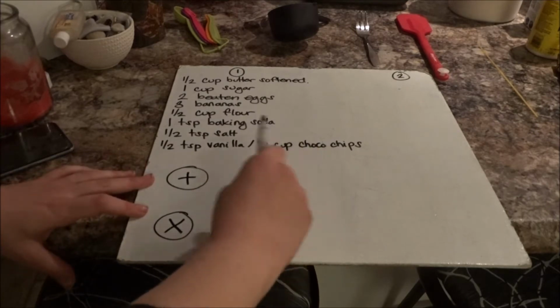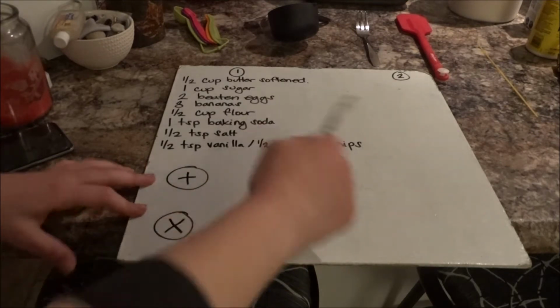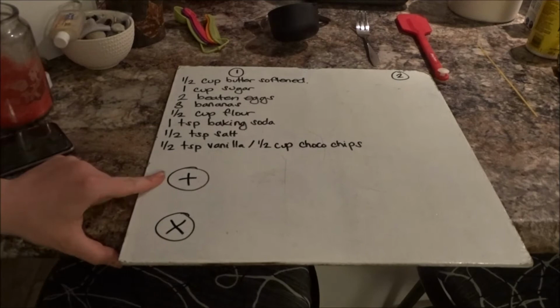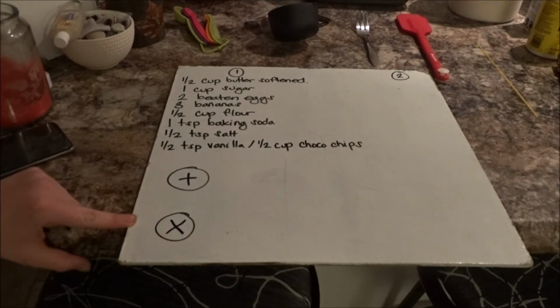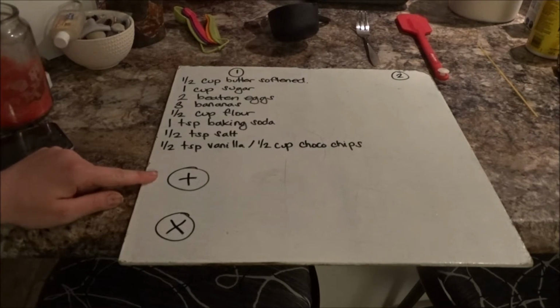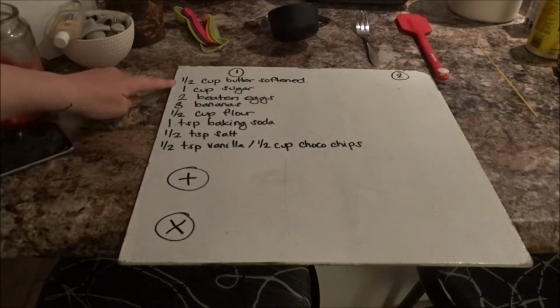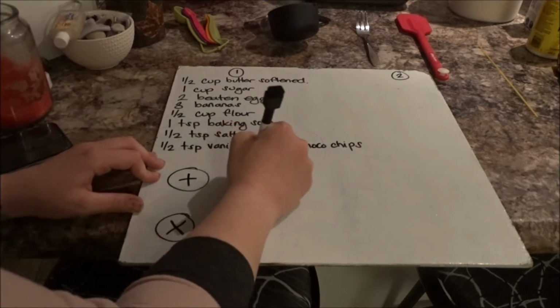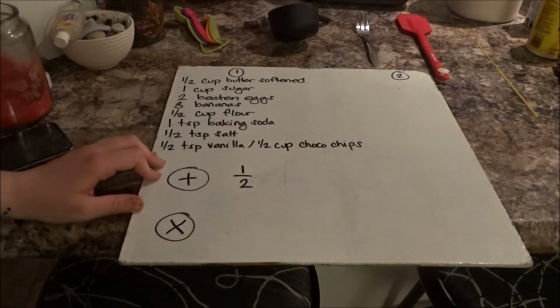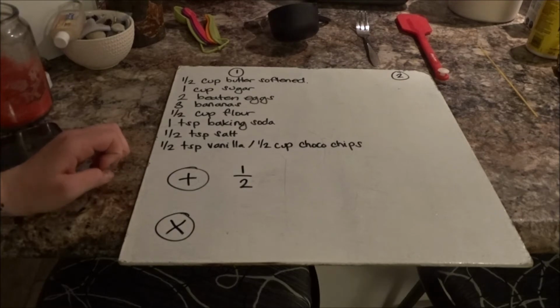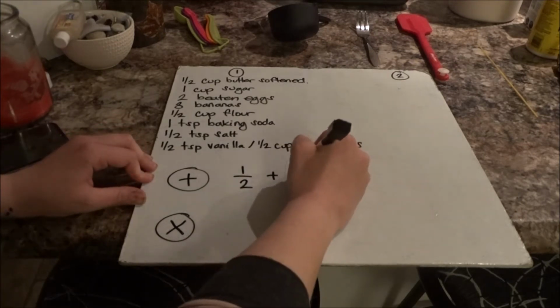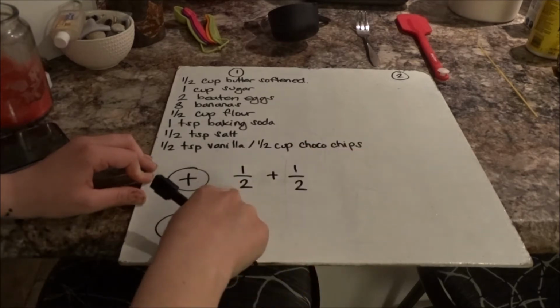Okay, so we know that we can add to get our number, or we can multiply. So first, let's do adding. So if we know that we need half a cup of butter, but we're going to double it, so we know we need to add it twice. So once and twice.